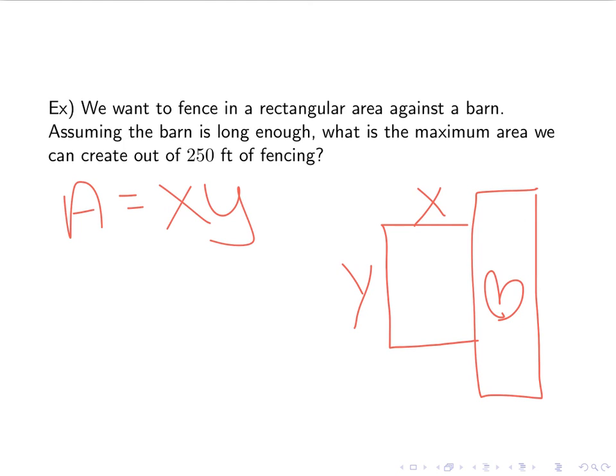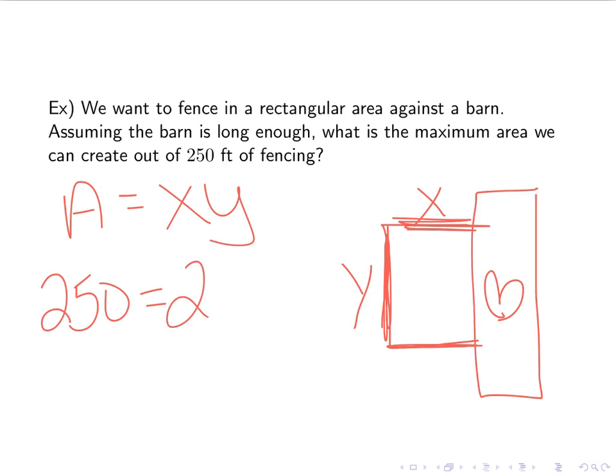And we want to know how much we can create out of 250 feet of fencing. So the fencing is this, which is x, plus this, which is y, plus this, which is x. So my fencing is 2 x's plus a y. Now I have a lot of people who later will use this equation for the perimeter of a rectangle.